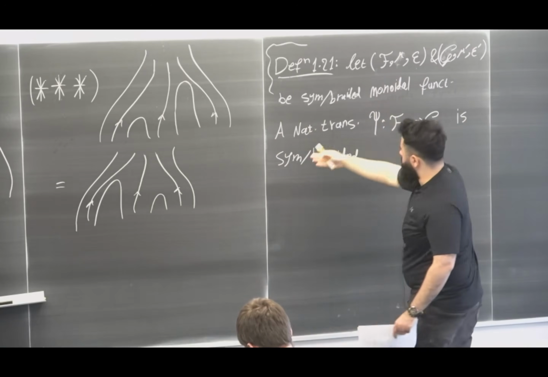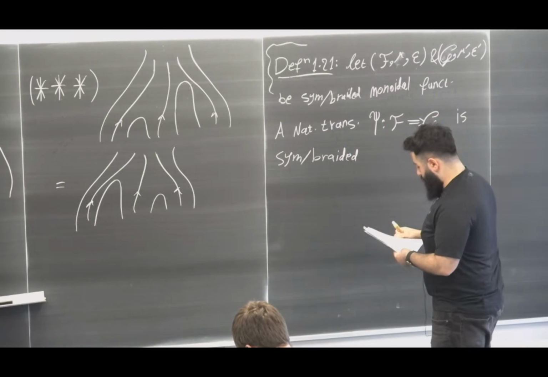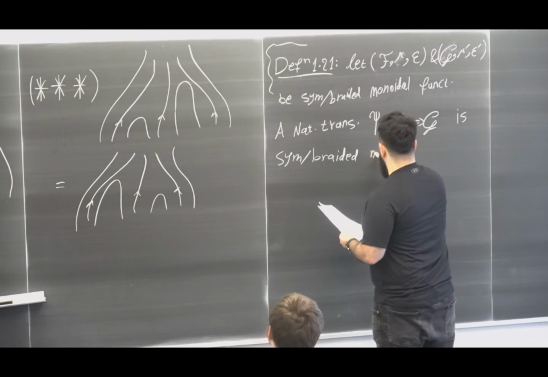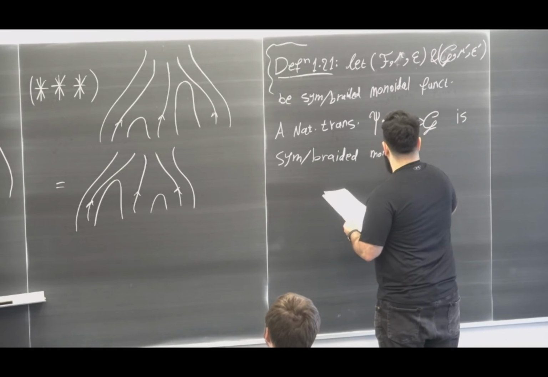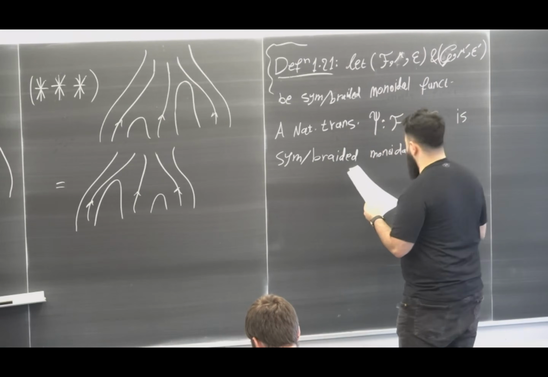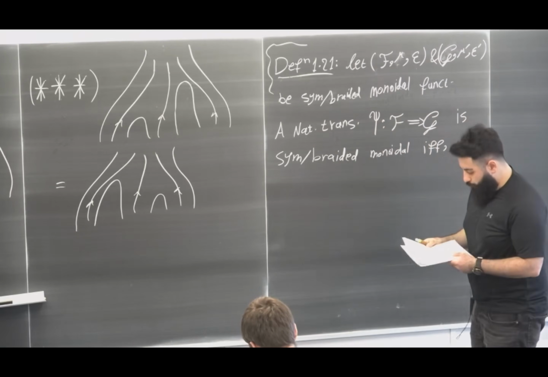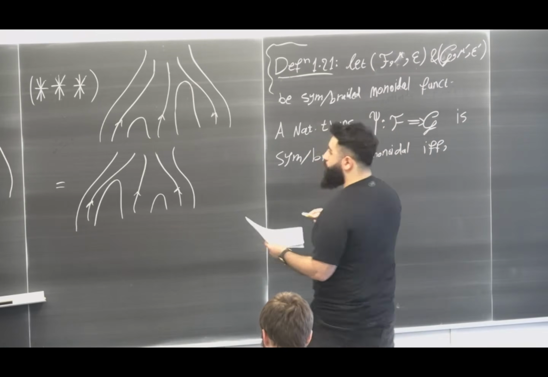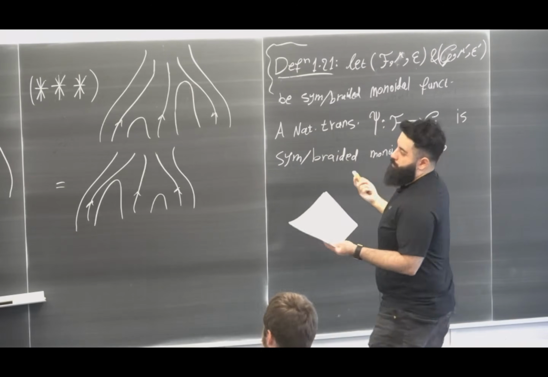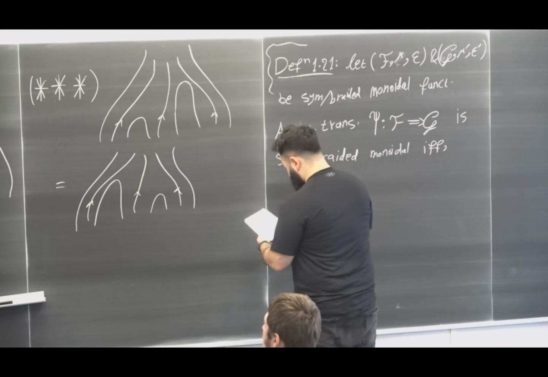If it's symmetric, then symmetric; if it's braided, then braided. And I have spelling mistakes in my notes, as always. It is so if and only if the following diagrams commute. Write big, it's better for the camera anyways.